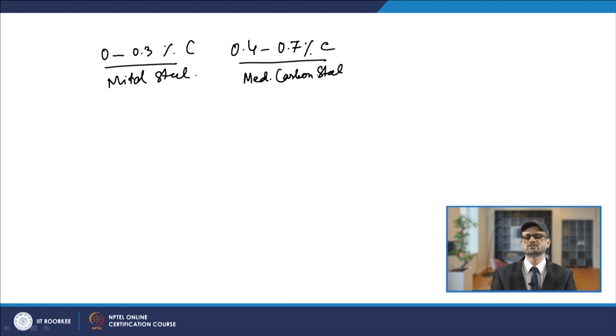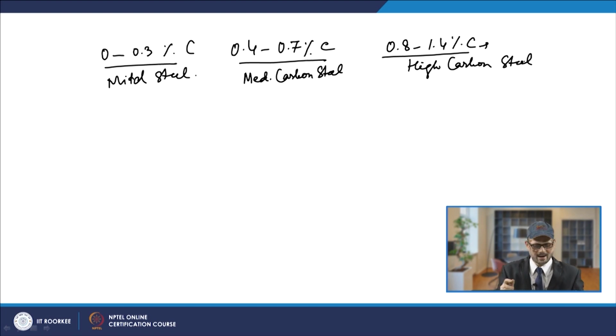And when you go from 0.8 to 1.4%, this is known as high carbon steel, and its use is where you require higher hardness. You can use it for cutters, hammers, blades, scissors, and knives. All of these are components where you use them.